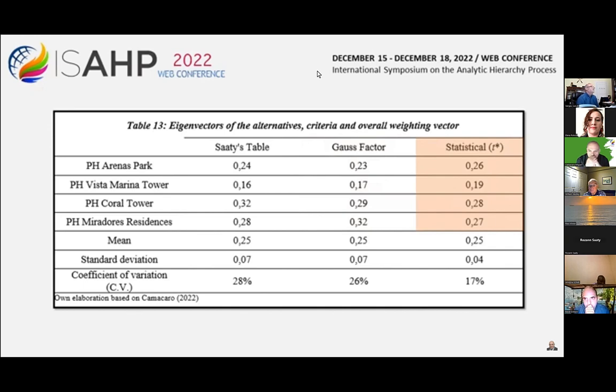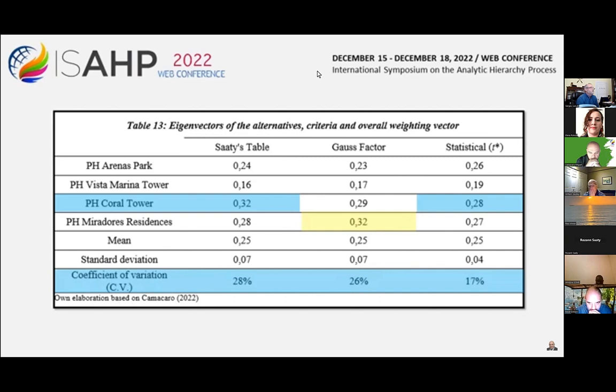For the purposes of property selection, PH Coral Tower ranked 1 for AHP, SAHI, and AHP, D** criterion, while for AHP Gaussian it was PH Miradors Residences. The measures of central tendency and dispersion were calculated, with AHP, D** criterion, obtaining the lowest coefficient of variation.